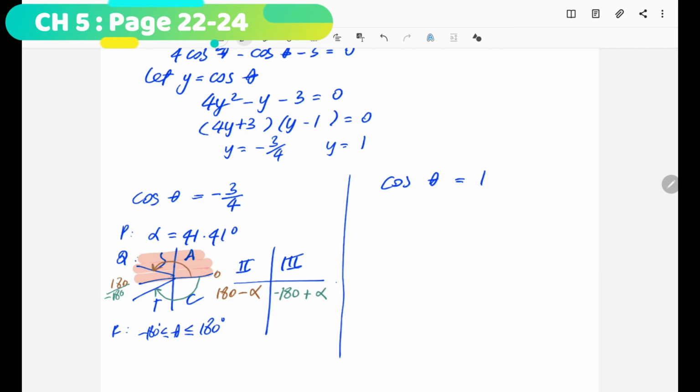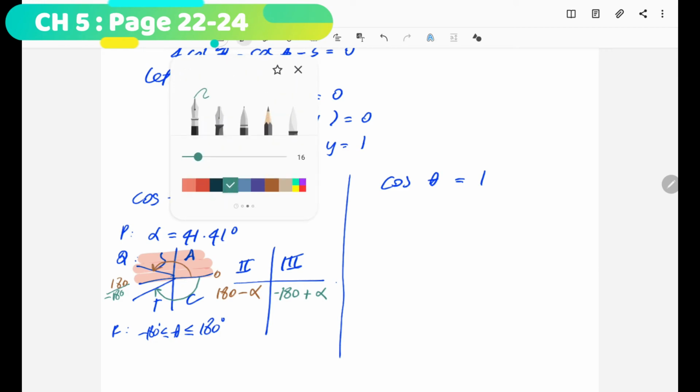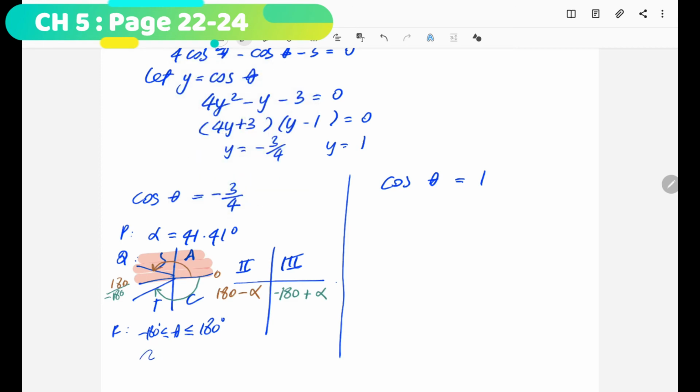So, minus 180 plus alpha, dekat situ kita gantikan, so alpha kita tadi ialah 41.41, jadi untuk solve, theta saya akan dapat dekat sini ialah 138.59. So, which is I get from 180 minus 41.41. Okay. And then another one.